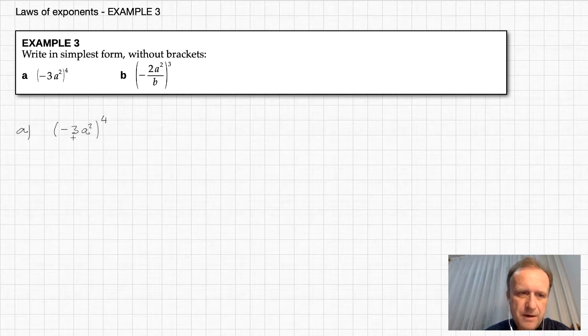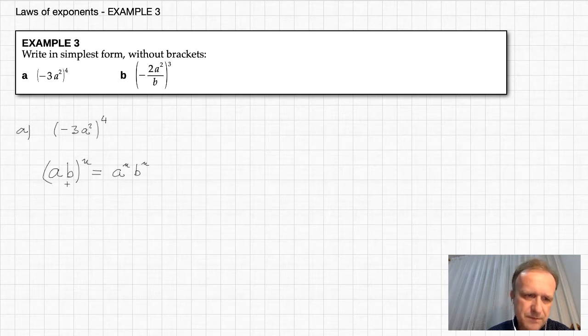Okay, now we can use some laws of exponents to simplify this, and the law that I'm going to use is the law (a times b) to the power of n is a to the power of n times b to the power of n.